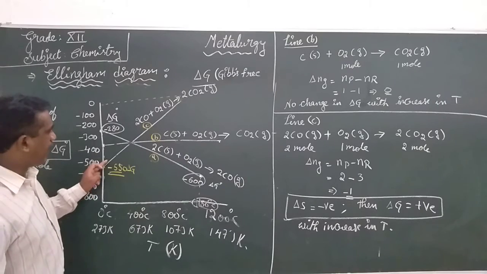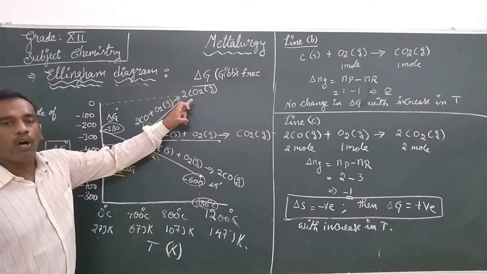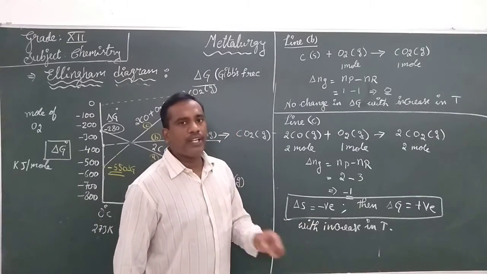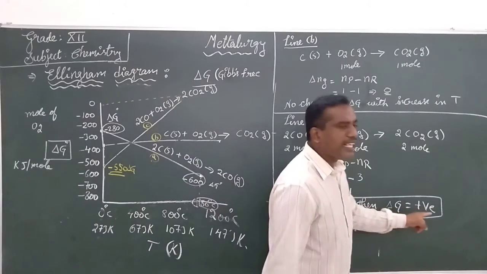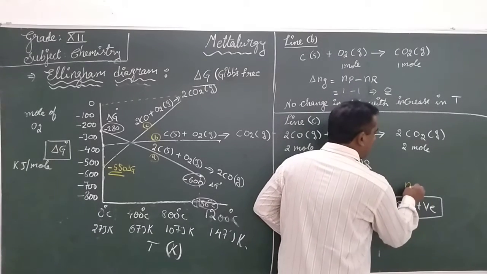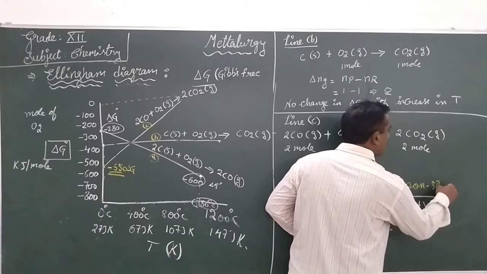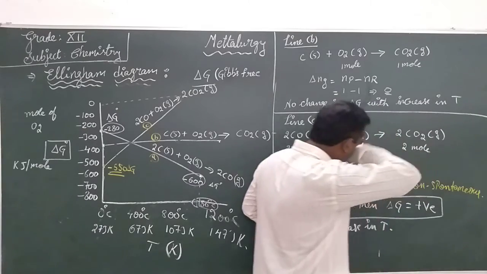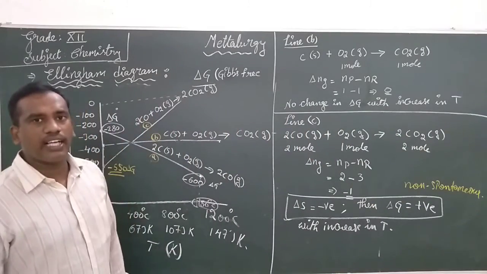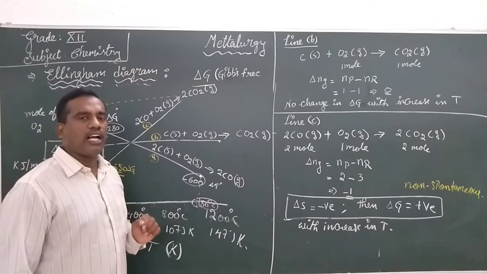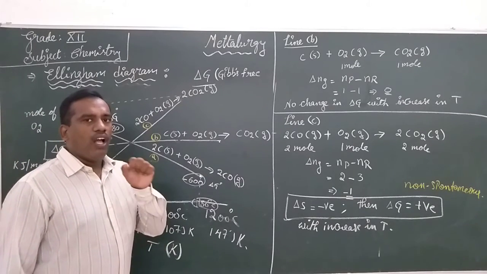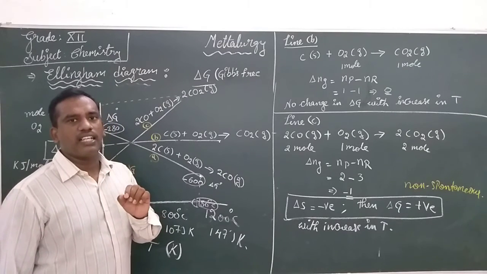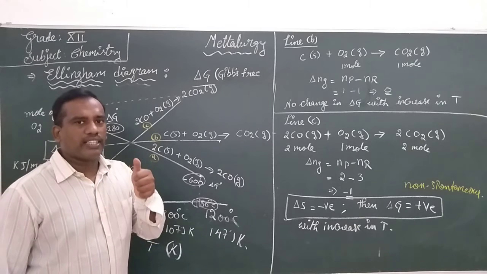The delta G value is becoming a positive value with increase in temperature. Can you conclude? When delta G is becoming positive, then the reaction is a non-spontaneous reaction.